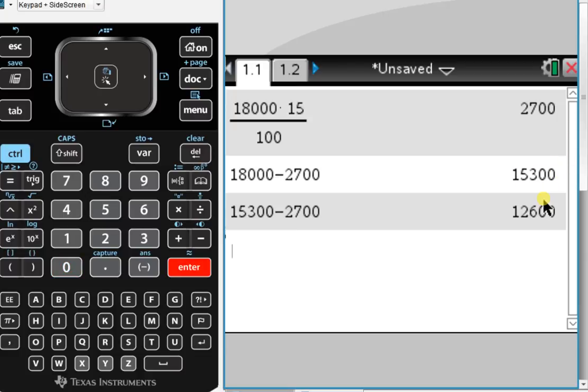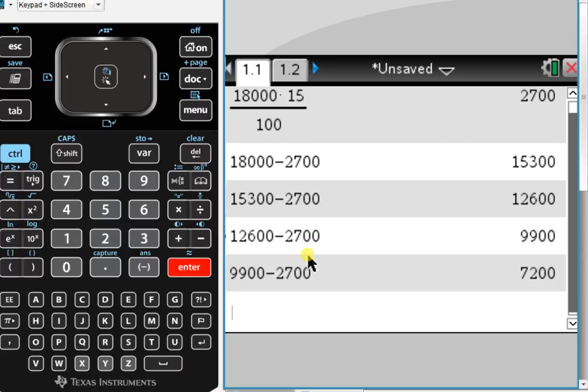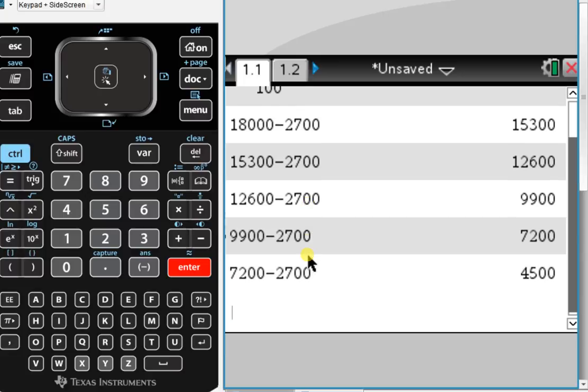So now when I press enter, I get 12,600. Now if I press enter again, it's just going to keep doing that concept of taking whatever was on the previous line and subtracting 2,700. So it's almost like built-in recursion with the CAS. Okay, so I've got all my values here, and notice all I had to do was press enter. You don't have to type the minus 2,700 each time once you do it once with answer.